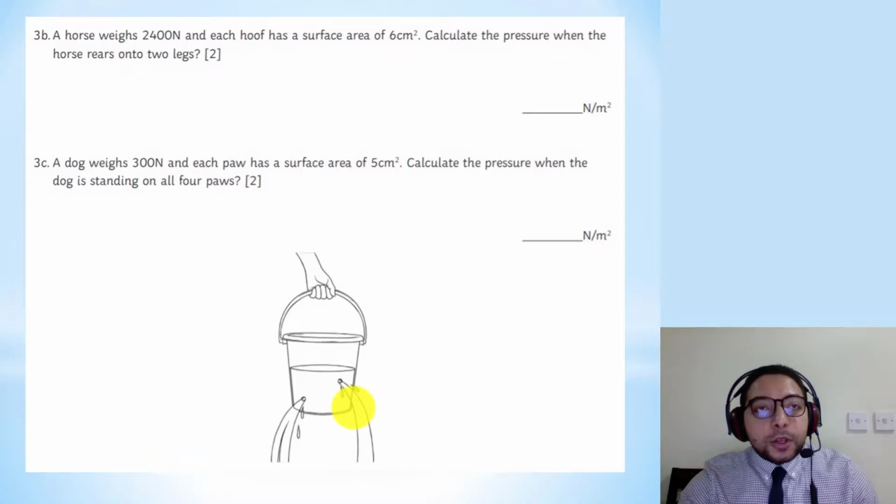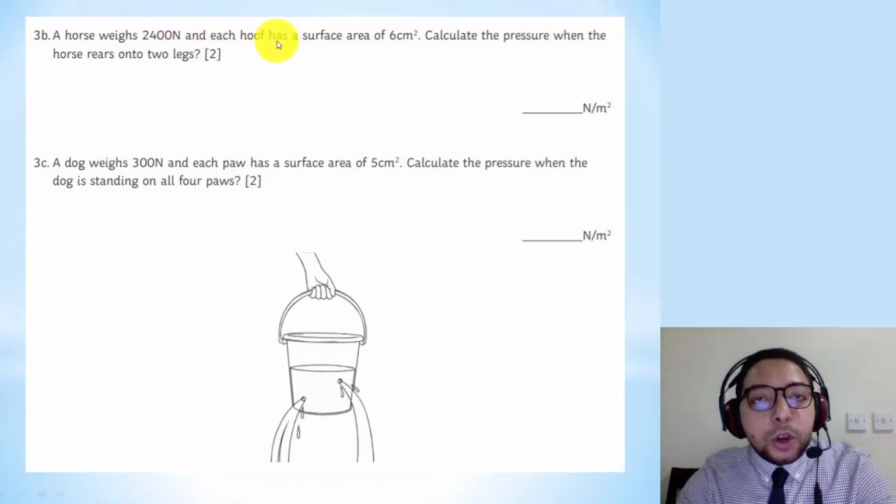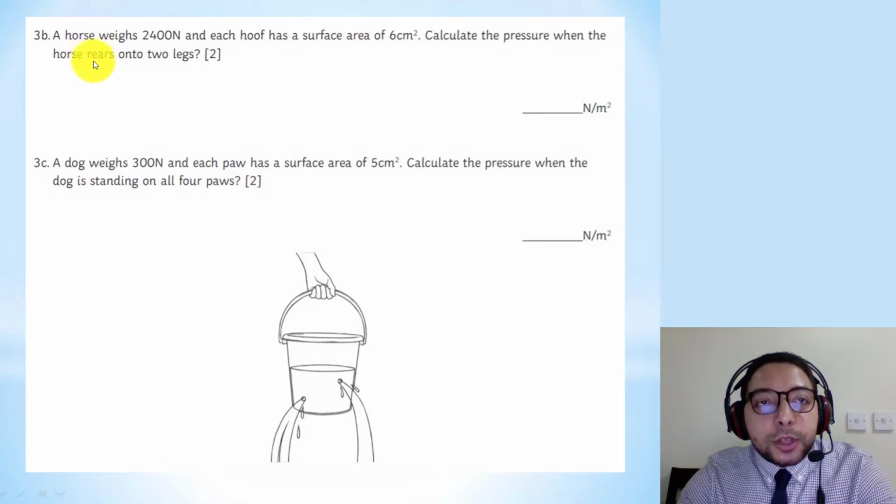Okay guys, time is over. A horse weighs 2400 Newtons, and each hoof has a surface area of 6 centimeters squared. Calculate the pressure when the horse rears onto 2 legs.